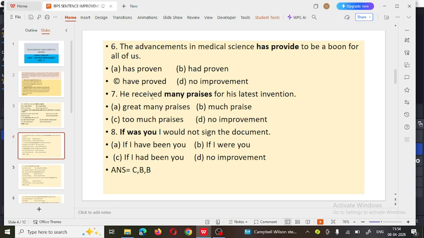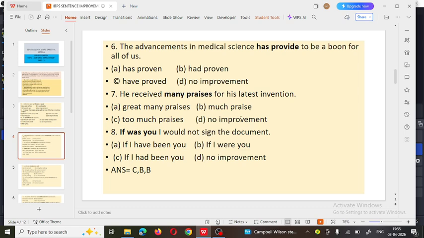Next, he received many prizes for his latest invention. So "many praises" is the bolded part here. Options are great many praises, much praise, too much praises, and no improvement.